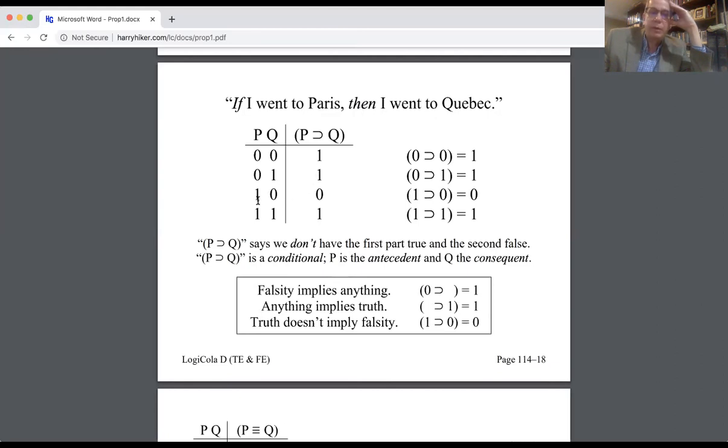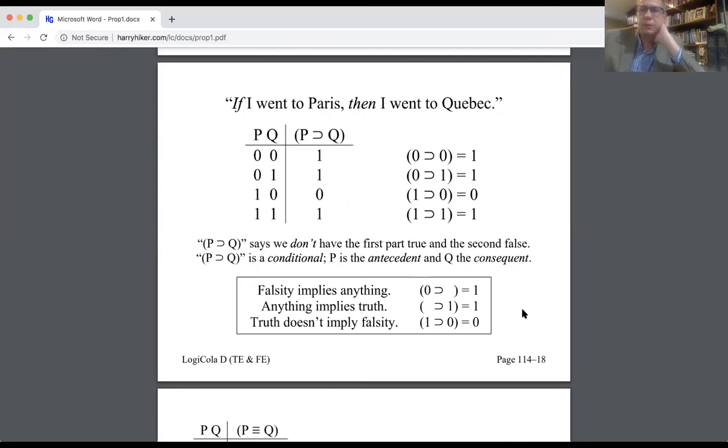If the first part is true and the second part is false, it's false. And again, this is the only case in which it comes out false. So if you see true in the second place in a conditional, the whole thing is going to be true. Anything, which is what he means here by anything implies truth, is just a useful way to remember the basics of this truth table.